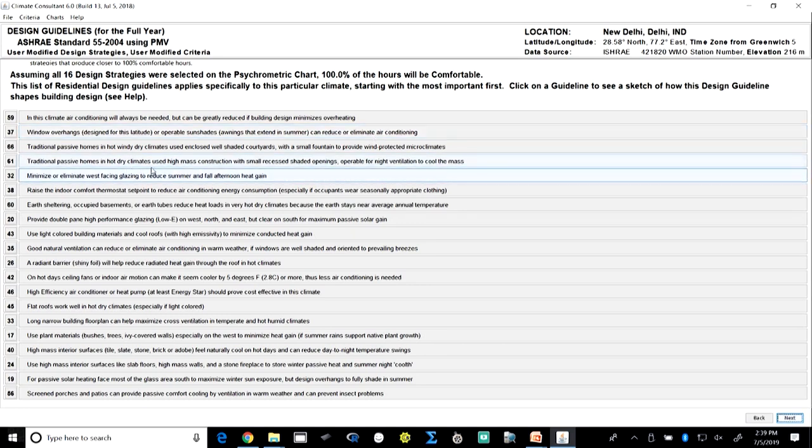The building construction should have small recessed shaded openings. So, smaller windows are preferred, which are operable for night ventilation to cool the mass. So, night flushed. Then the minimization or elimination of west facing glazing to reduce summer and fall afternoon heat gain. Each of these strategies can further help to increase the comfortable hours.